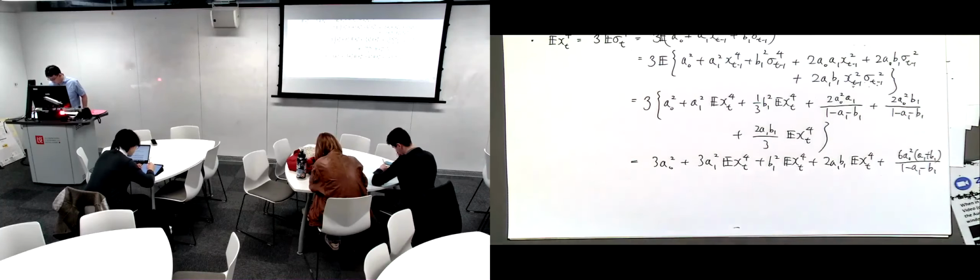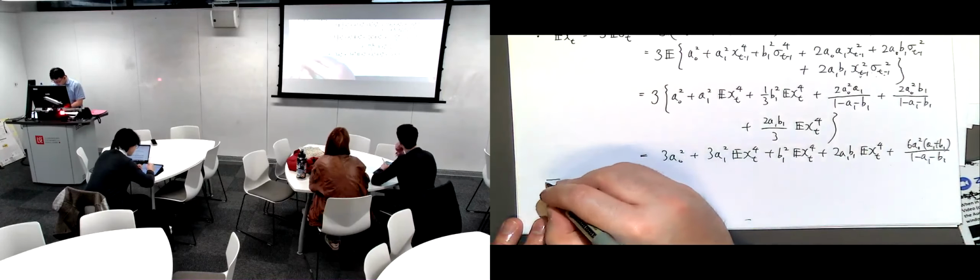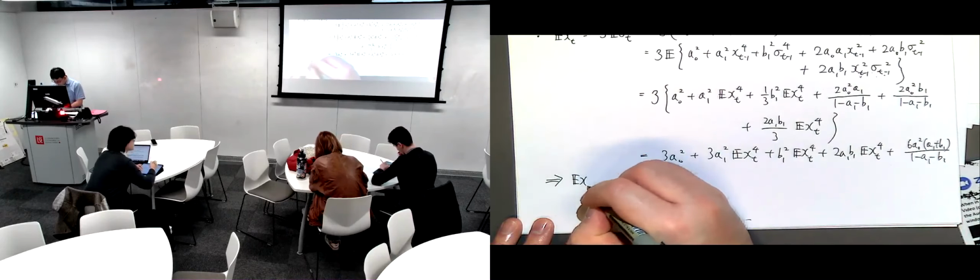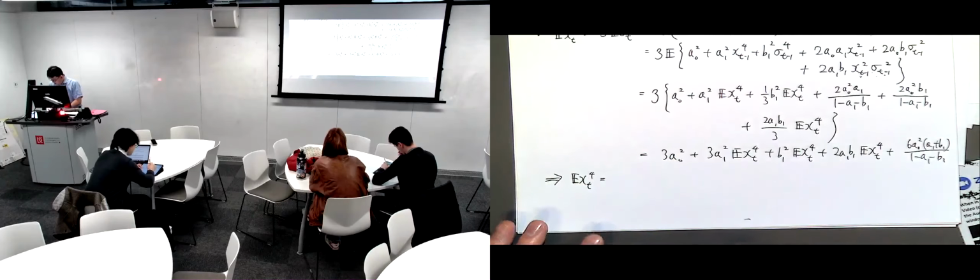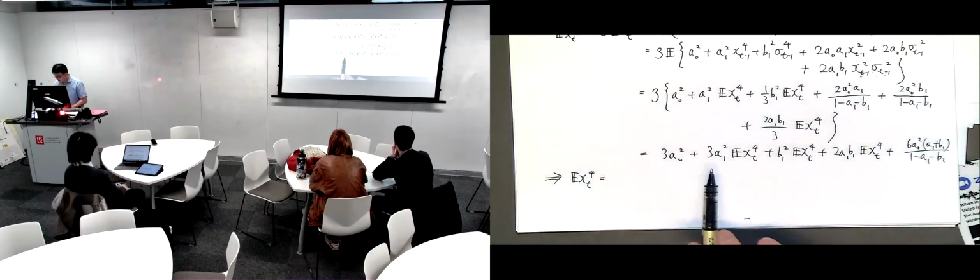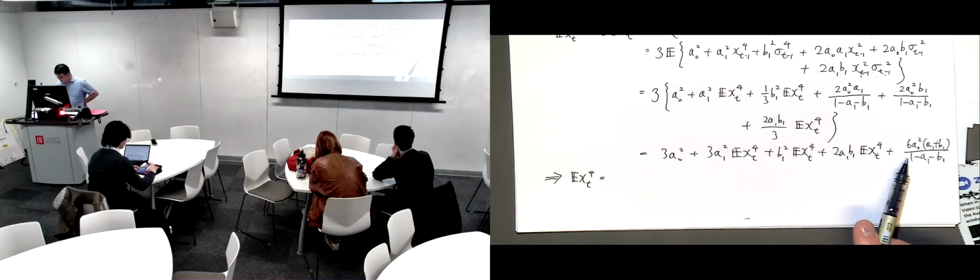Yeah, I think so. So therefore, your expectation of xt to the power 4, finally, you can simplify this. If you take this on the right hand side, so 3a naught squared minus 3 a naught squared times this plus this.